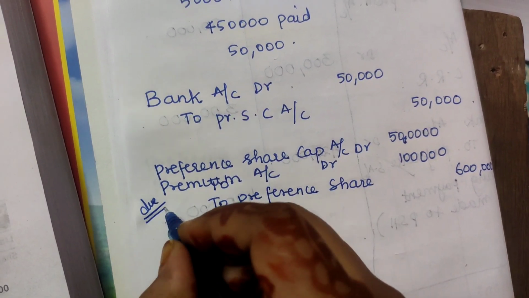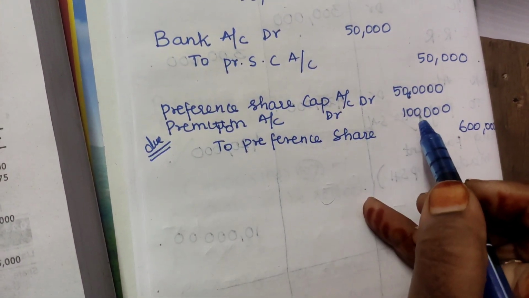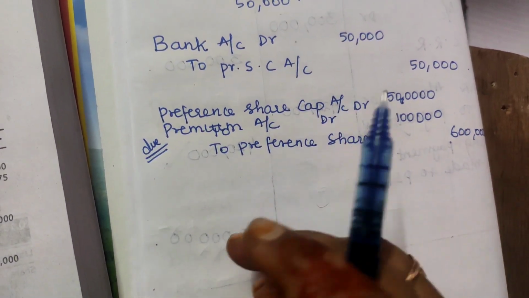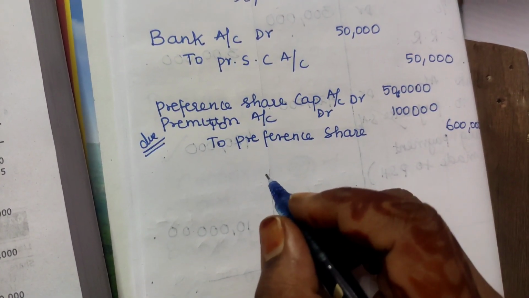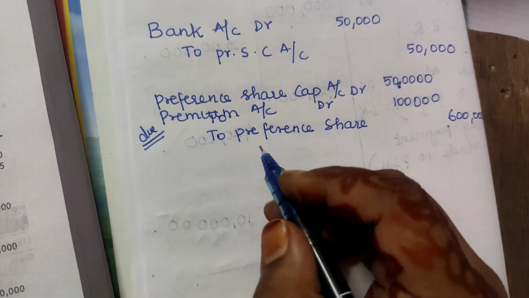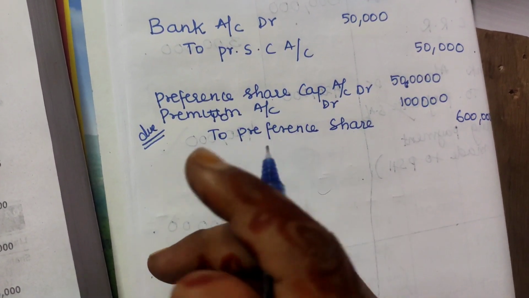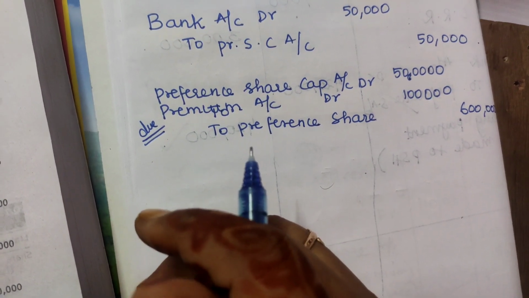This is the due entry. How are we going to adjust? First we'll adjust the premium account, which is 1 lakh. Are we issuing any new share? No, we are not issuing any new share. So share premium is there, 50,000, and the rest 50,000 we'll take from reserve fund.